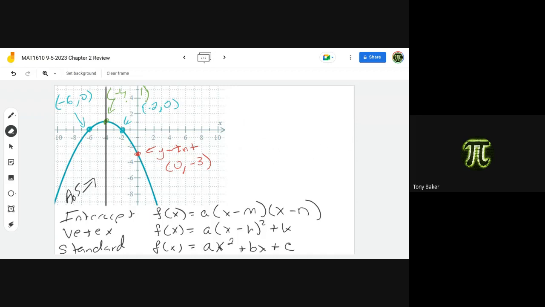Since I have my vertex, let's use the vertex form. If we have our vertex, that's the easiest one to use. So I know my H is -4, and my K is +1, not -1.